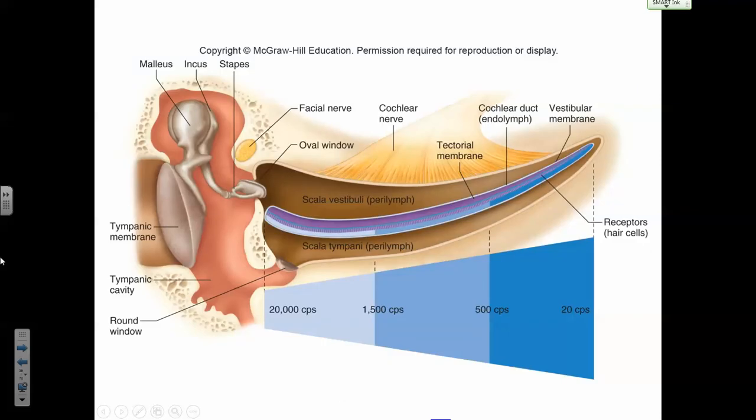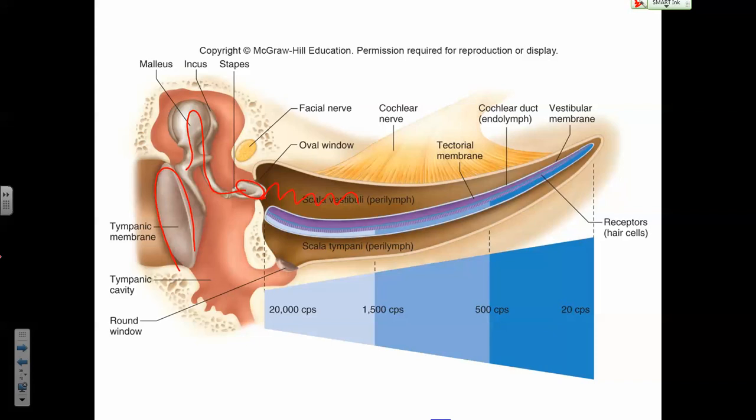Now, I love this picture. This kind of puts it in perspective. If you could stretch the whole thing out, here you see a vibration of the tympanic membrane. It causes the malleus, the incus, and the stapes to start moving, which presses on the oval window, which sets up fluid movement in the scala vestibuli.